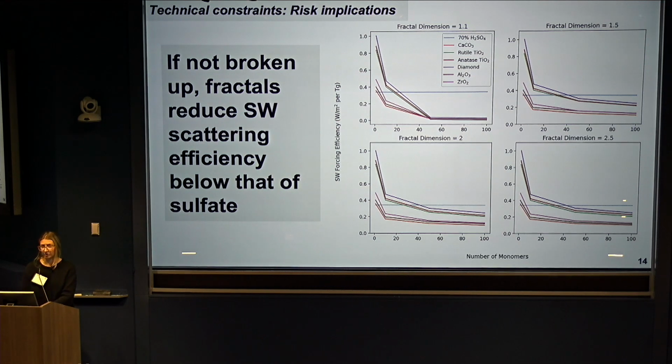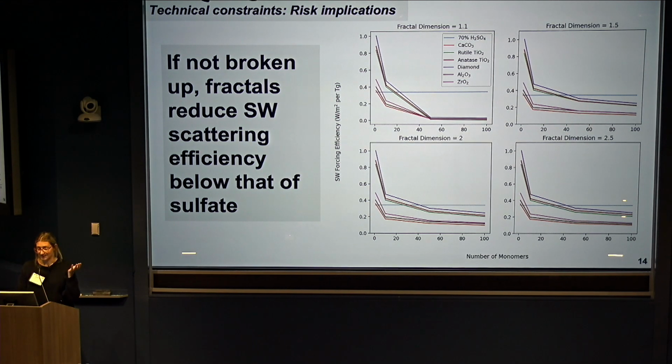This is done for mid-latitude fall, representative atmosphere, for a bunch of different solid candidates in comparison to sulfate, which is in blue, and this is shown in the optimal roughly 0.3 micron radius monomer form, which we know is somewhat achievable with SO2 injections.